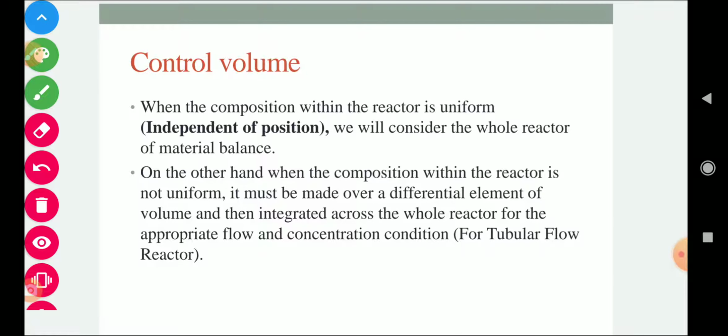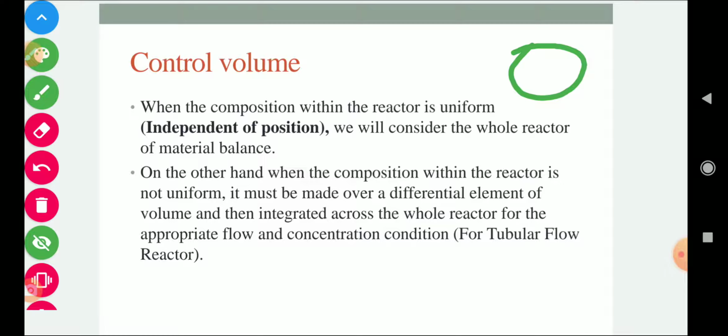Now before deriving equations for any reactor, first of all we will discuss what is a control volume. When the composition within the reactor is uniform, independent of position, we consider the whole reactor for material balance. I mean to say the control volume is the volume in which there is no variation of temperature and pressure.